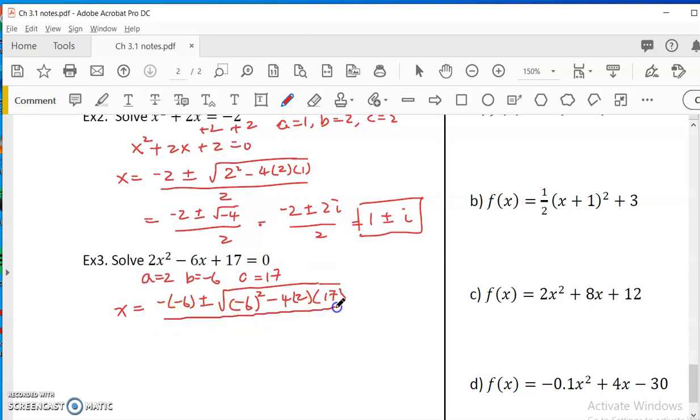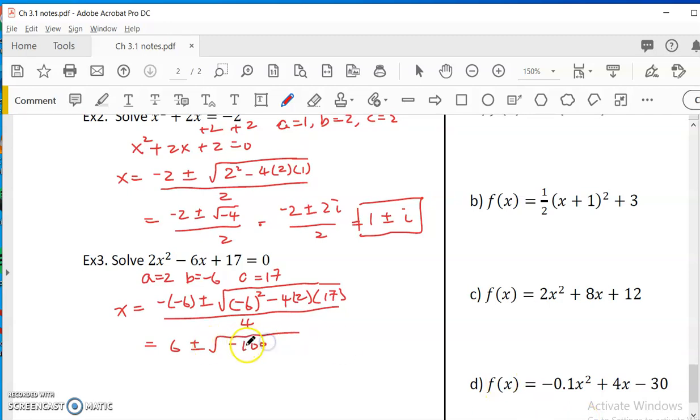Put it in the calculator, of course, over 4. So negative of negative 6 is 6, plus and minus, what do we have? It's 36 minus 4 times 2 times 17. So it's negative 100, because 8 times 17 is 136, and so this is negative 100.